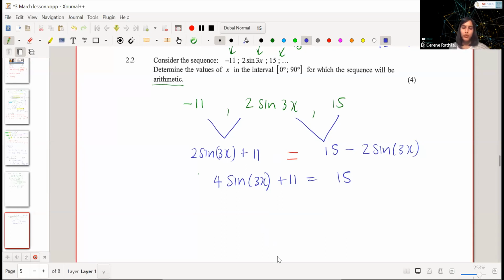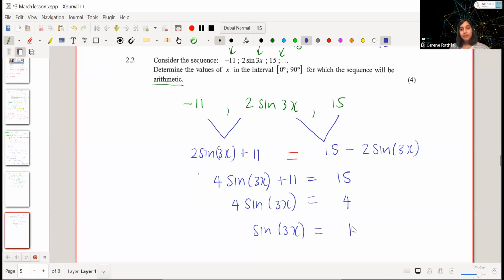So I'm going to subtract 11 from both sides. If I subtract 11 from here, then I'm only left with 4 sine 3x. And then if I say 15 minus 11, then what am I left with? I'm left with 4. So now I see that sine of 3x equals to 1.